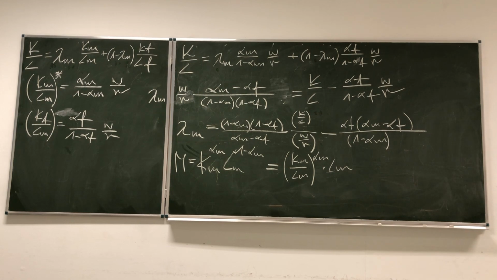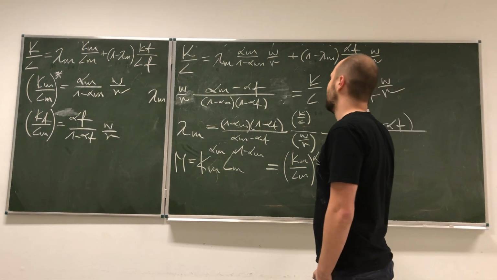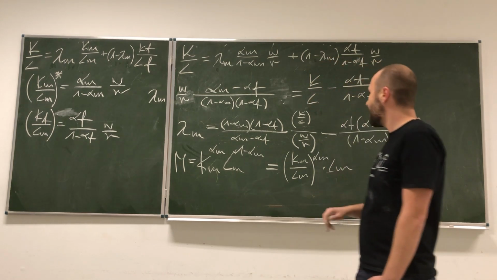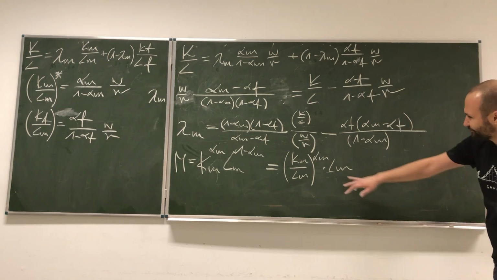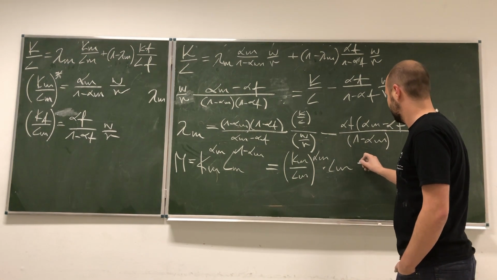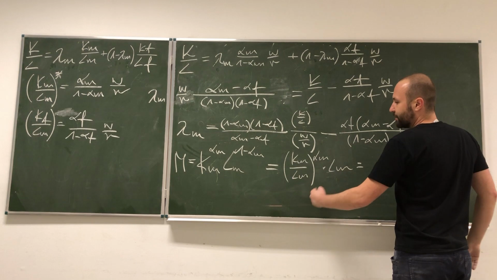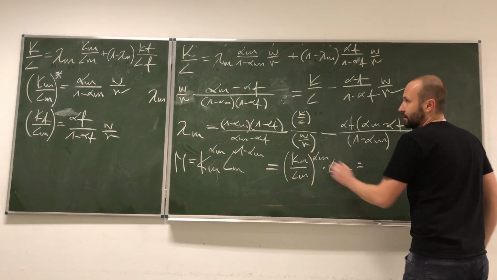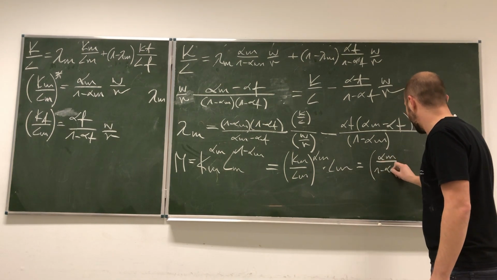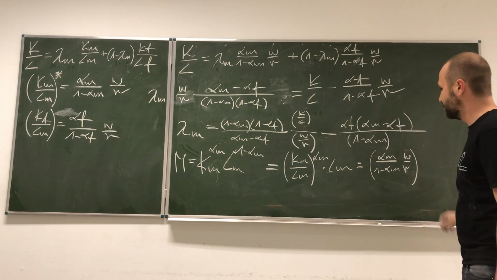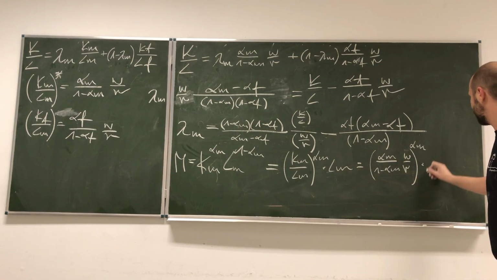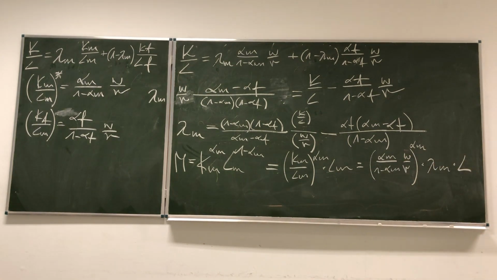But maybe if we know Lm, we can express it simply as a function of labor alone. Of course we can. But first, we know that the optimal ratio is here, right? And this optimal ratio is given by alpha m over 1 minus alpha m w over r to the power alpha m. And now this can be expressed as lambda m times L.